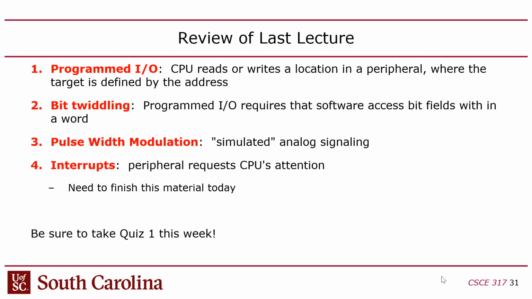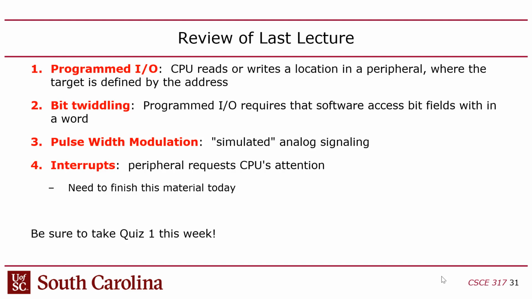Okay? Okay, so last time, it's been a little while since we met, but last time we talked about programmed I/O, which is the way that CPUs initiate communication with peripherals or external devices. We also talked about bit twiddling, which is reading and writing individual bit fields within control and status registers, which are the actual values that the CPU is conveying back and forth to the peripherals with programmed I/O.